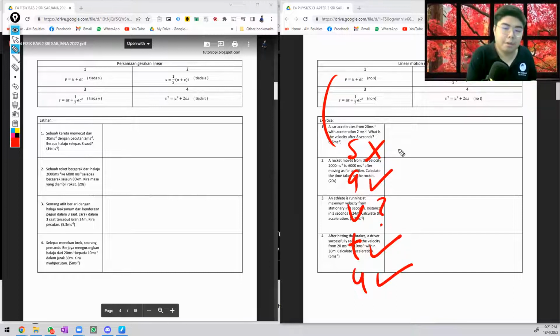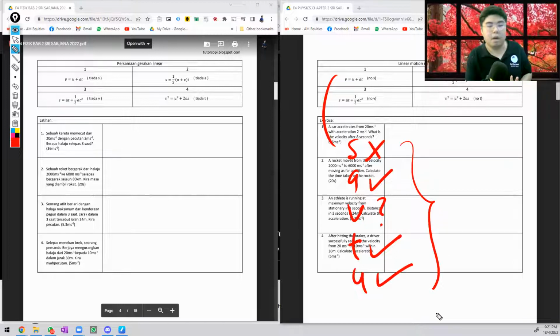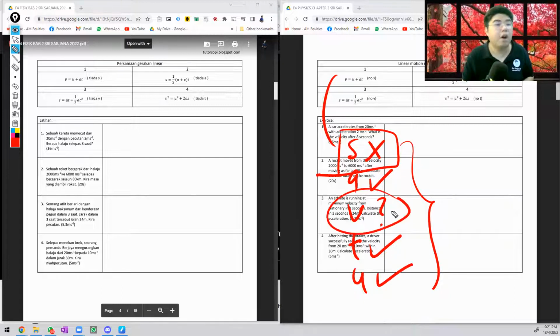Okay, so you should have labeling like this. Always there is one missing and you have one that you are looking for. Always is like this. Okay, antara 5 ada 1 yang tak ada, 3 yang diberikan, ada 1 yang kita kena cari. Always like this. Alright.